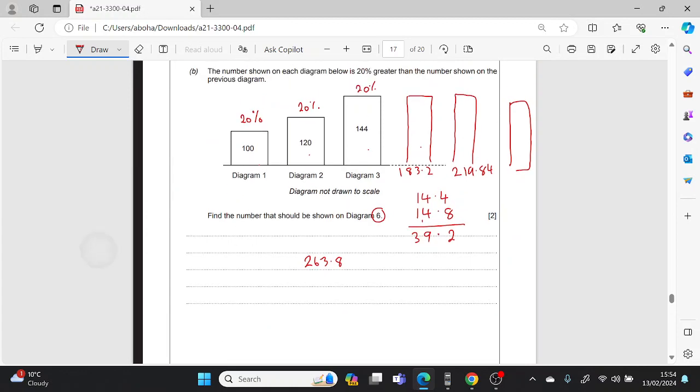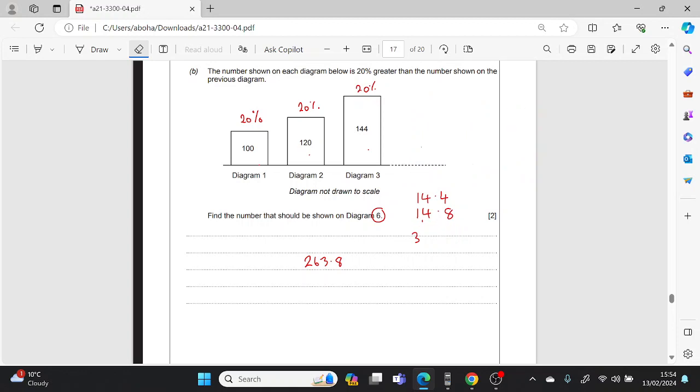Okay? Sorry, can I just come back to this one for a minute, guys? Because can I just recheck this one here? By my standards, this is very untidy, okay? So I'm going to do this again. So let's go to diagram number 4.